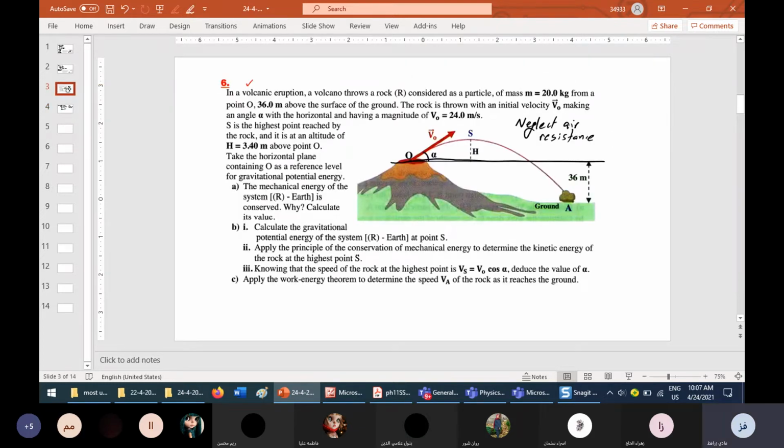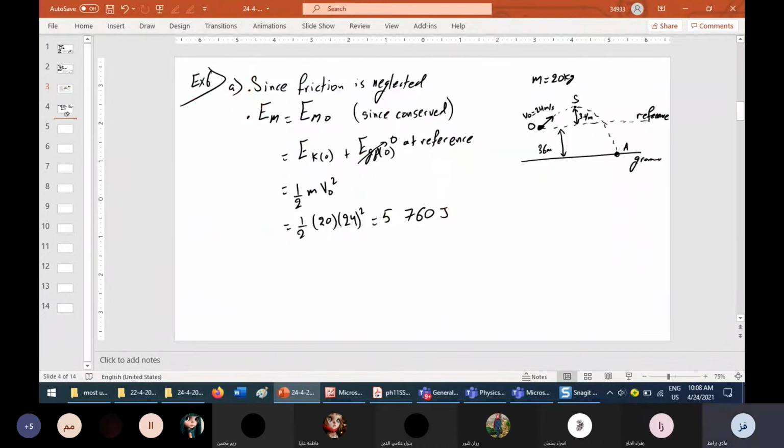Part B: calculate the gravitational potential energy at S. Potential energy equals mgh, and since we are above the reference, it is plus mgh. How much is the mass? 20.